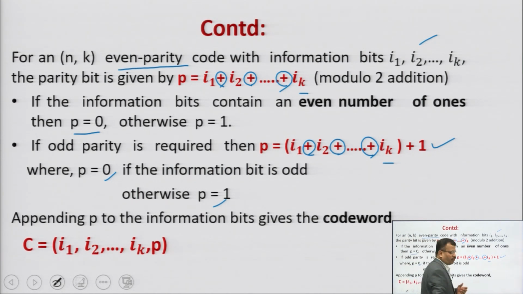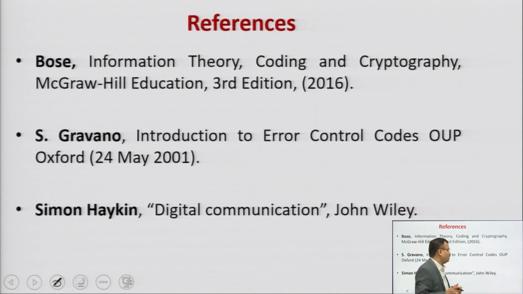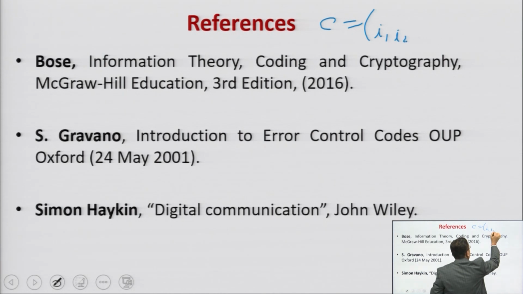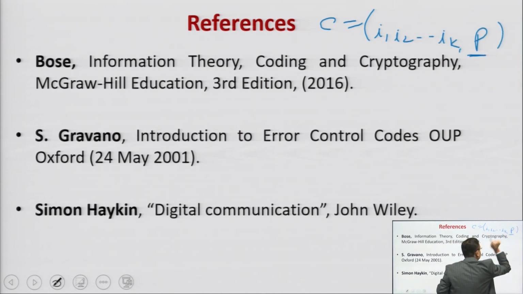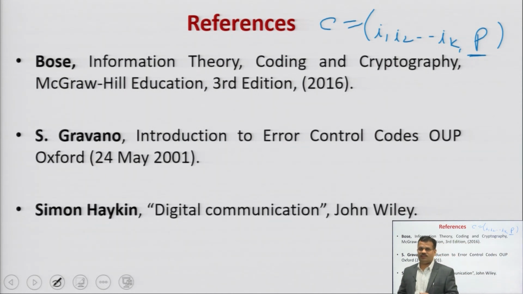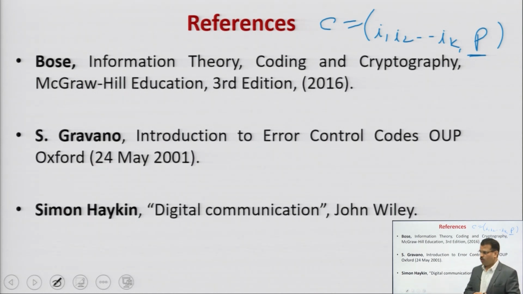So, similarly, finally the code word designed in single parity check codes will be C equal to I1, I2 up to Ik and the single parity bit. That depends upon the code that we are designing. So, in this lecture I told you about block codes.